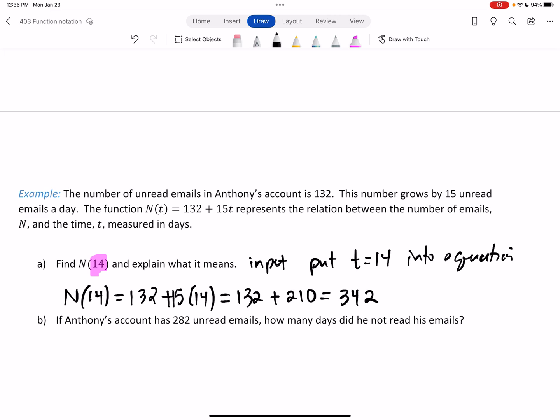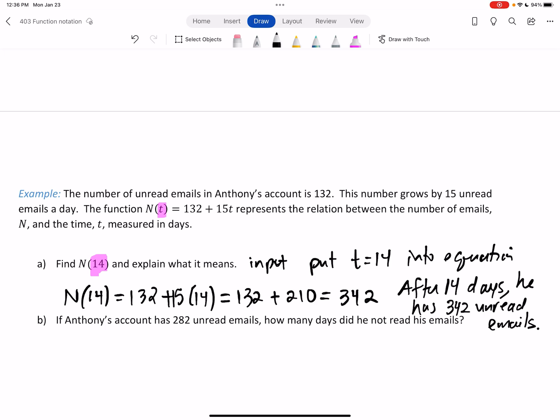So n of 14 is 342. Remember, 14 was my input. That's my number of days. So after 14 days, he has 342 unread emails.